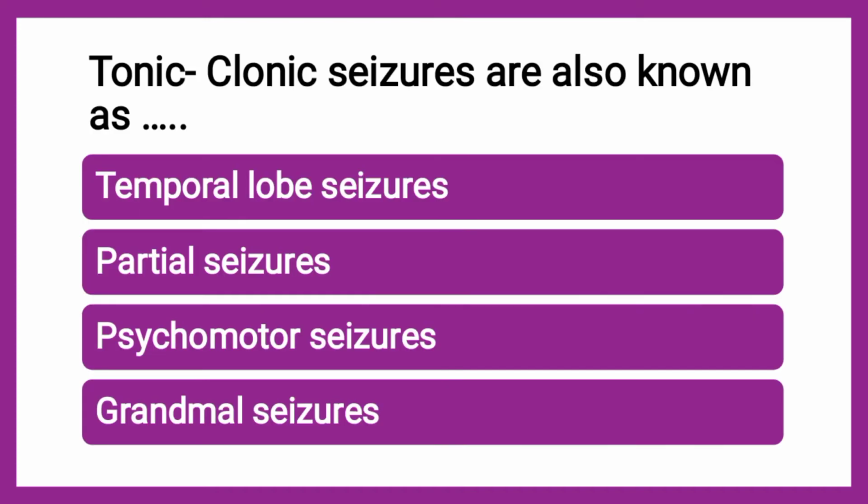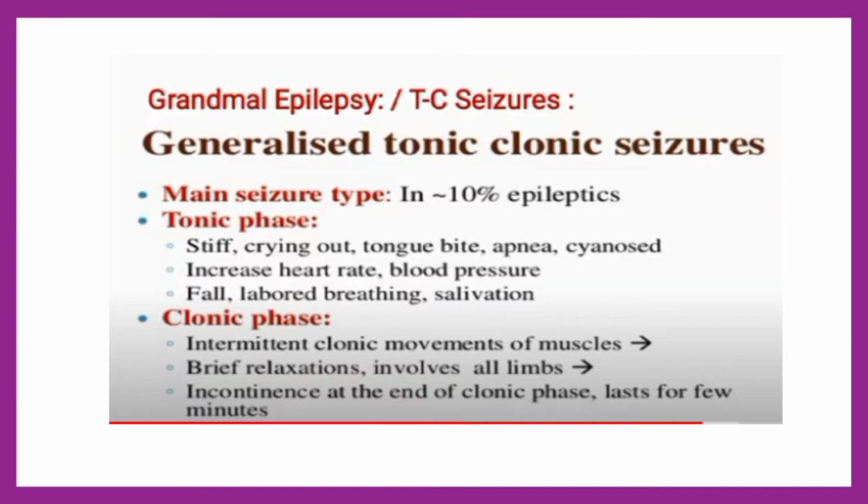Next question is, tonic-clonic seizures are also known as dash. Whether they are known as temporal lobe seizures, partial seizures, psychomotor seizures or grand mal seizures. The correct answer is, it is grand mal seizures. Since grand mal epilepsy is nothing but tonic-clonic seizure.